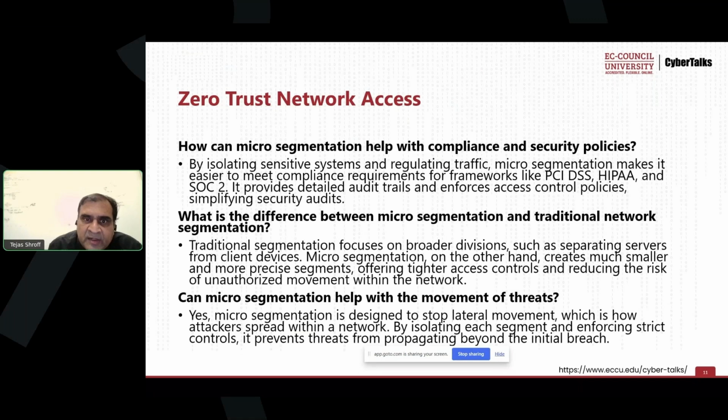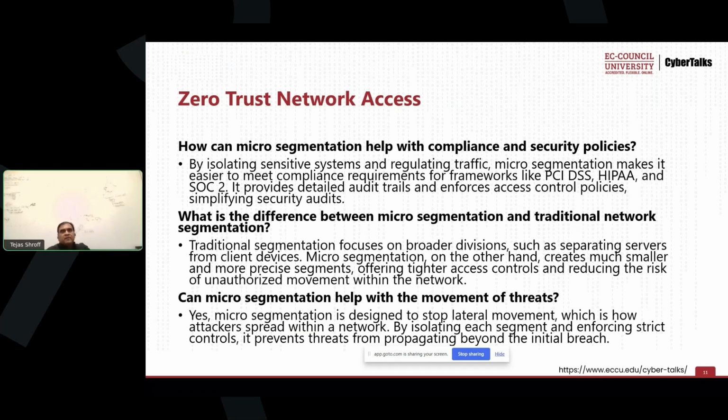If you have a microsegmented machine, or a machine on a microsegmented network, then you'll be able to provide the access audit trails in a much better manner. You don't have to work with the entire segment where it could be multiple devices and then decipher which was the device which had the access control issues. So yes, here the audits will be simplified.